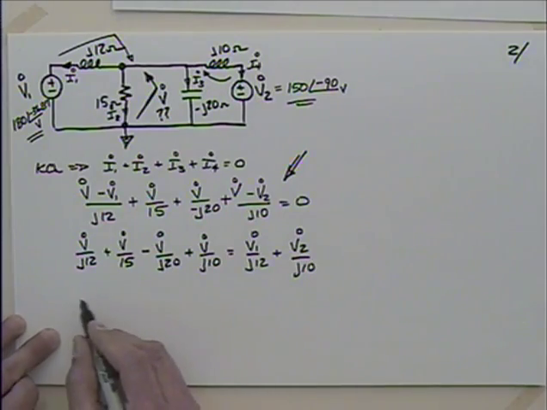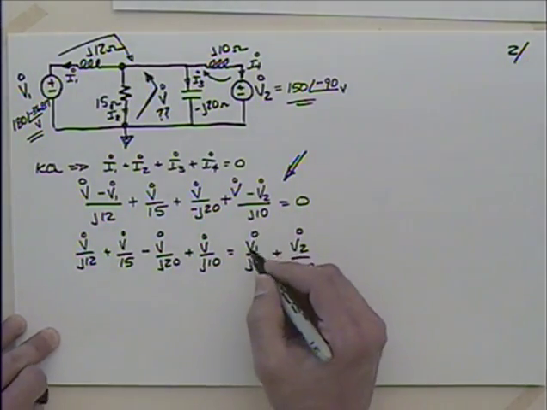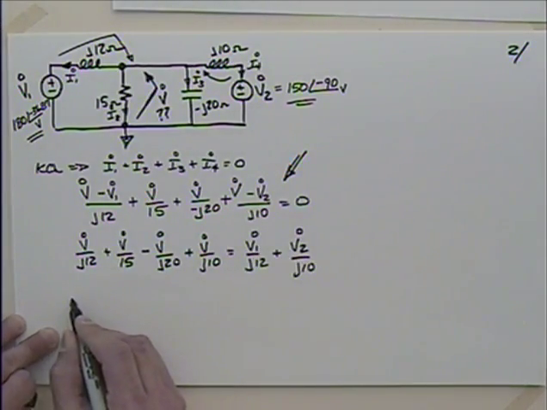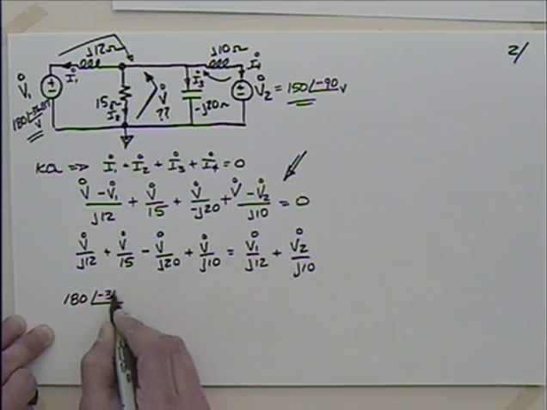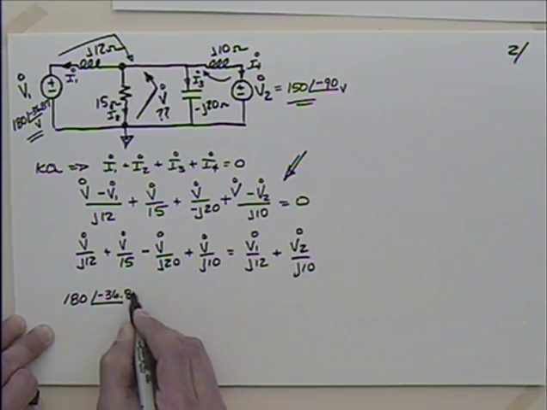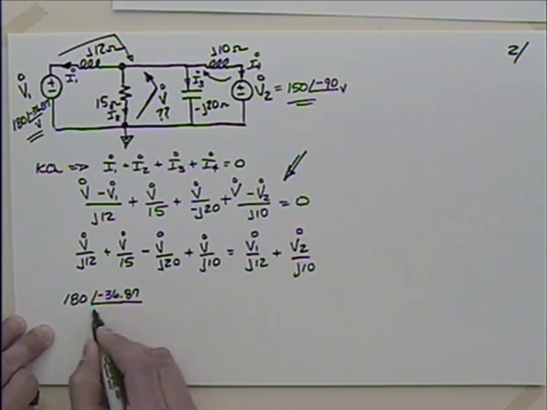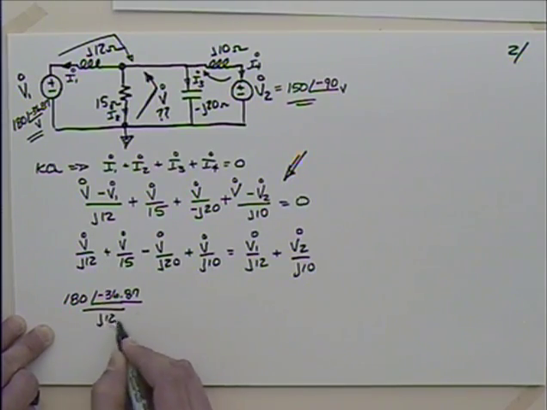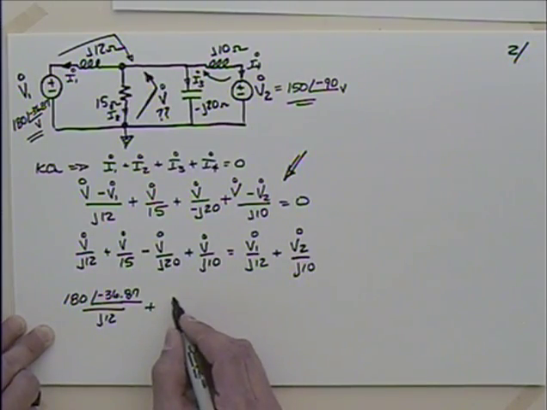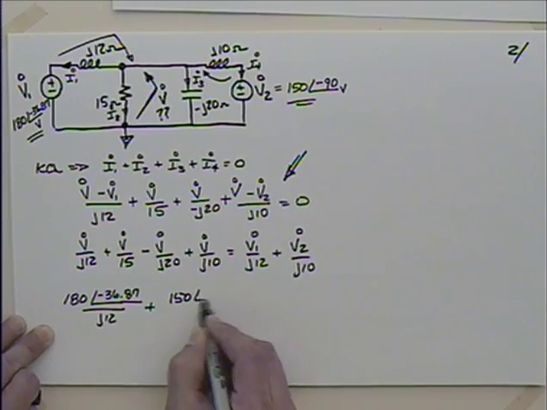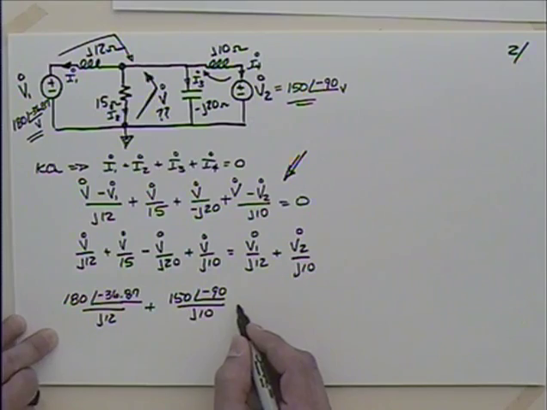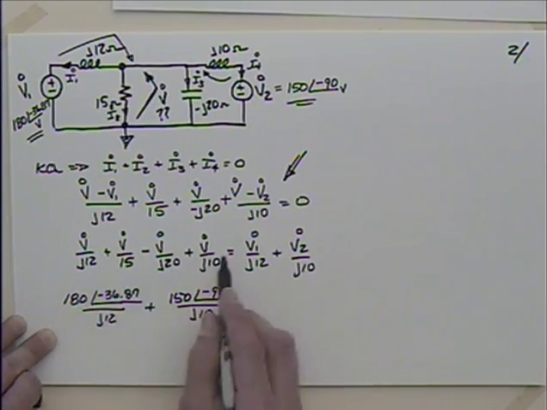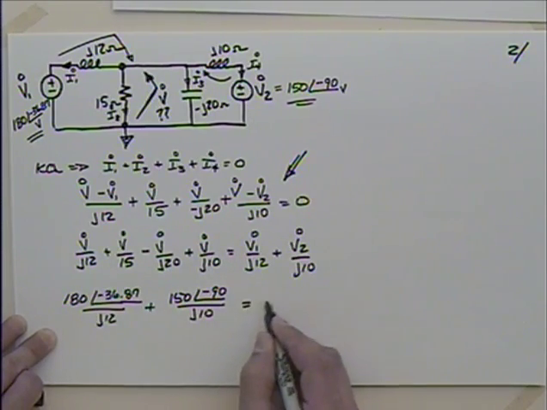So let me rearrange this a little bit. When I substitute my V1 in there, flipping sides on you, I have 180 at minus 36.87 divided by J12. I'm going to add that to V2, which is 150 at minus 90 divided by J10. And then I have to divide that by the whole thing that I factored out.